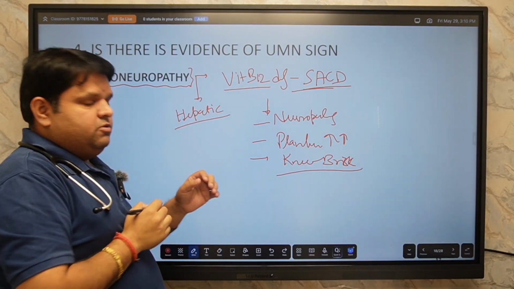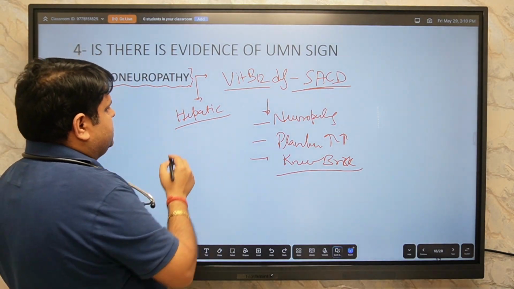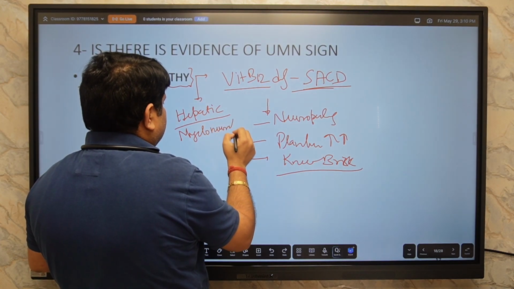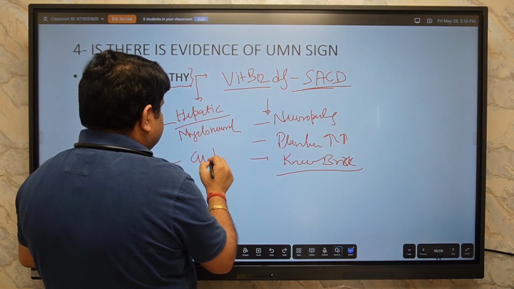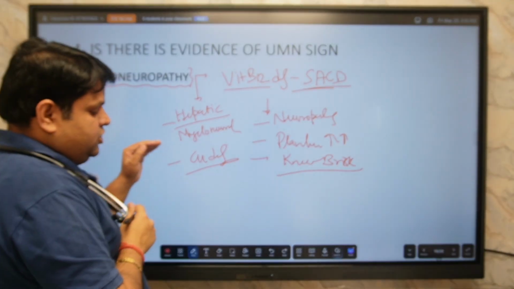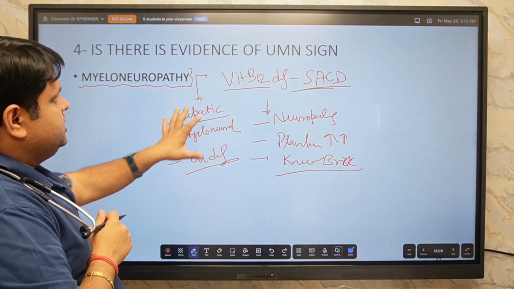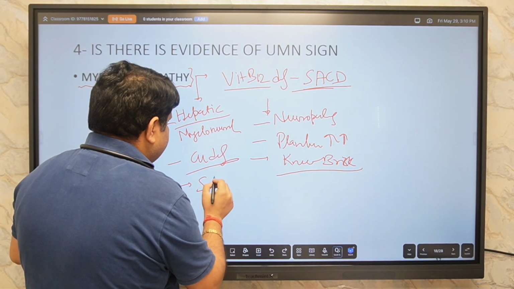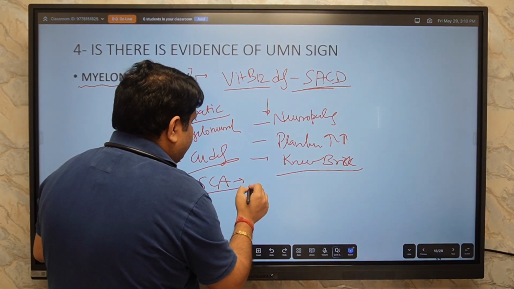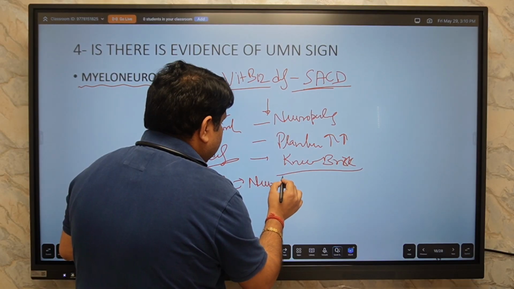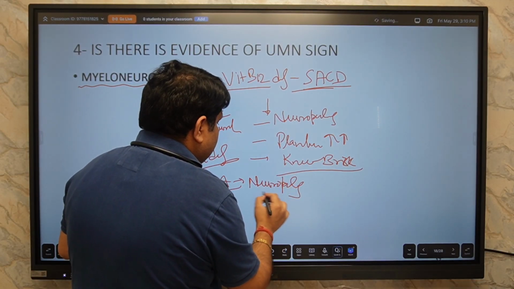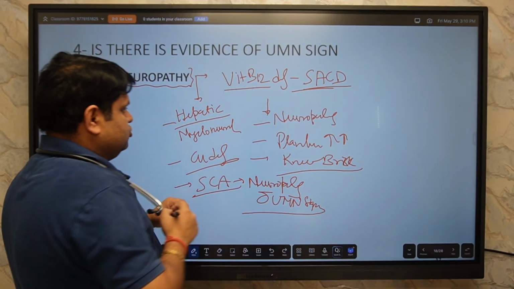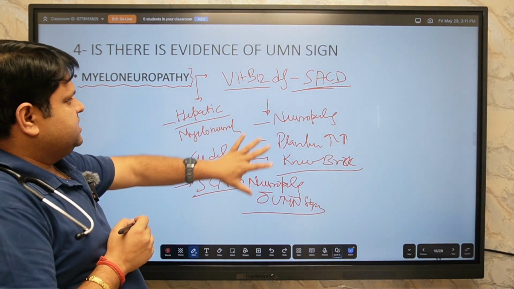In case of hepatic failure, there may sometimes be hepatic myeloneuropathy. Apart from that, in case of copper deficiency, there may be a presentation like myeloneuropathy. In spinocerebellar ataxia, in some cases there is a neuropathy with UMN signs.